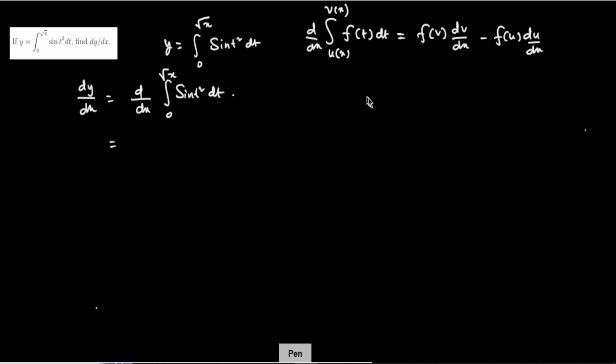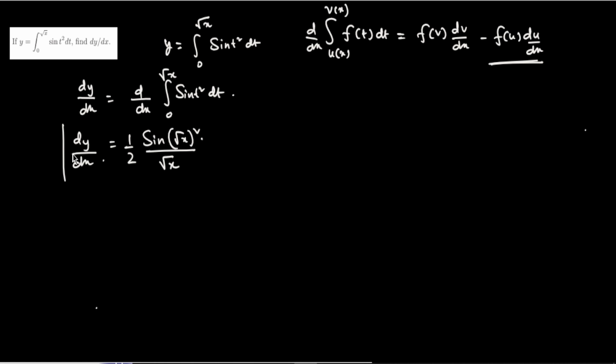So if we use it, it gives us f of v, meaning sine of root x squared, into the differentiation of root x with respect to x, which gives half by root x, and minus f of u, where u is 0, so this does not make sense. So this is our required answer.